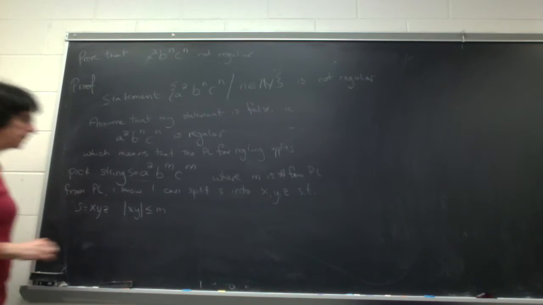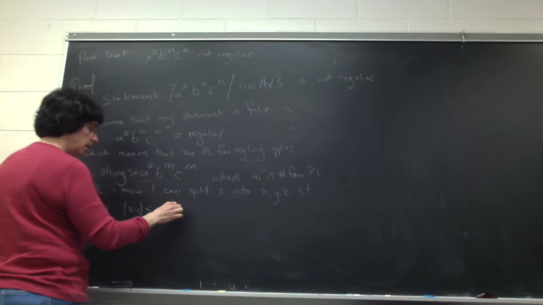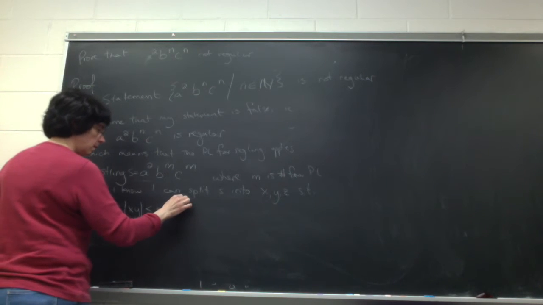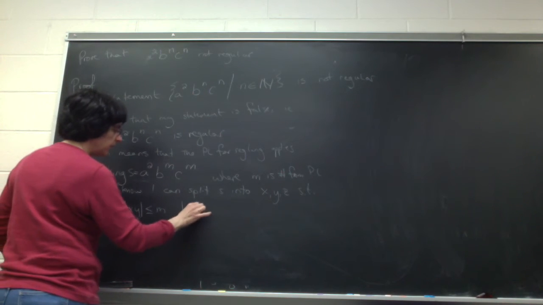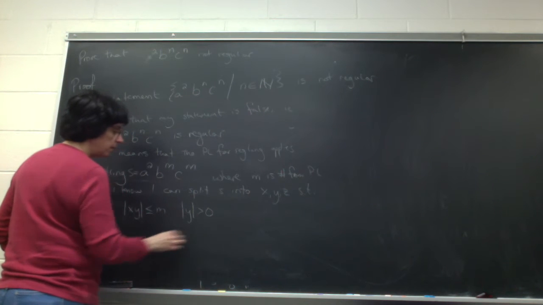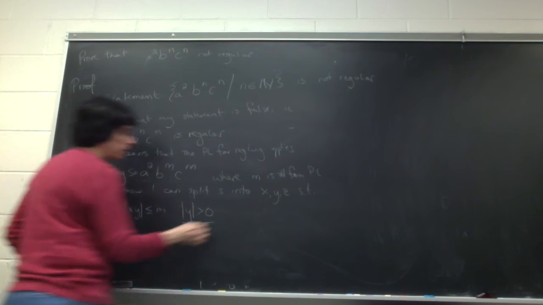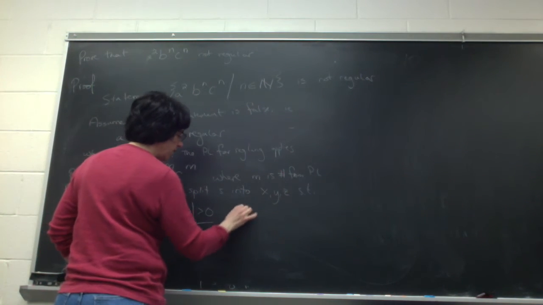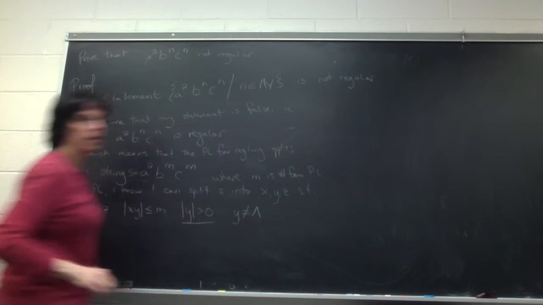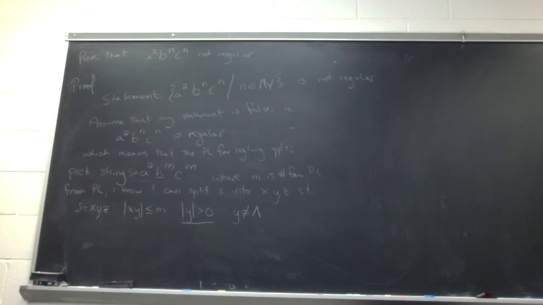The length of y is greater than 0. Another way to say that is y does not equal lambda. But that's the magic of the pumping lemma. The pumping lemma tells me this.